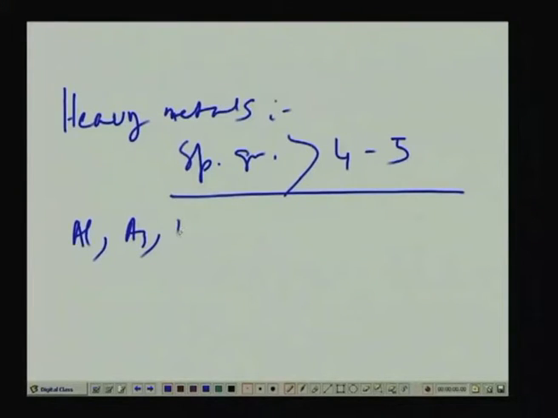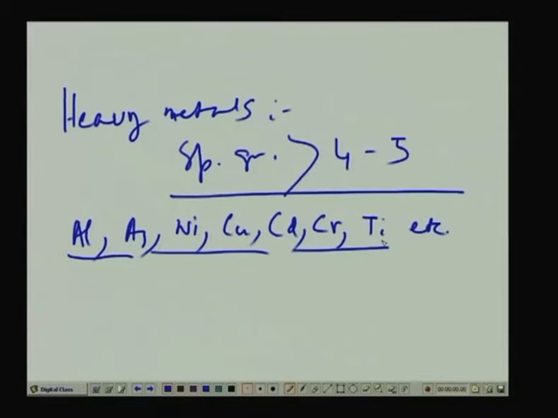The typical heavy metals that we will mostly discuss, many of which are highly toxic, are aluminum, arsenic, nickel, copper, cadmium, chromium, strontium, thallium, titanium, etc. These are known as heavy metals.